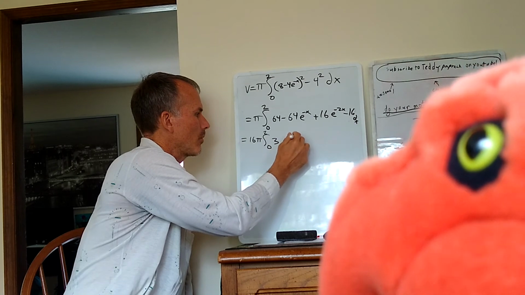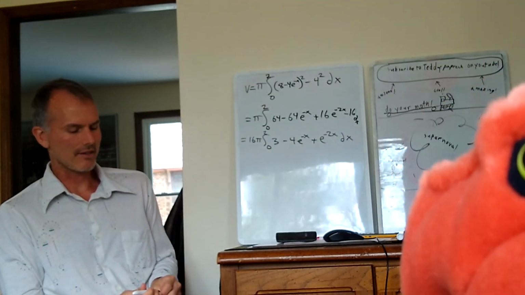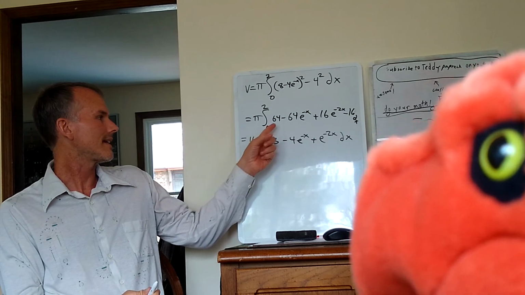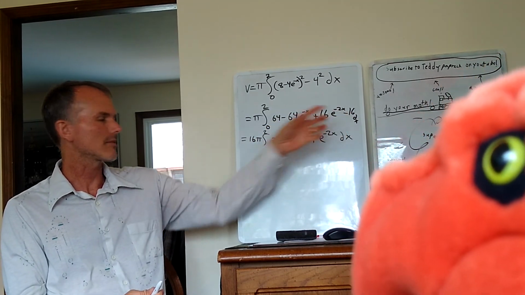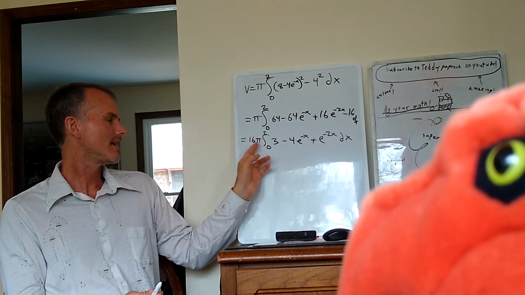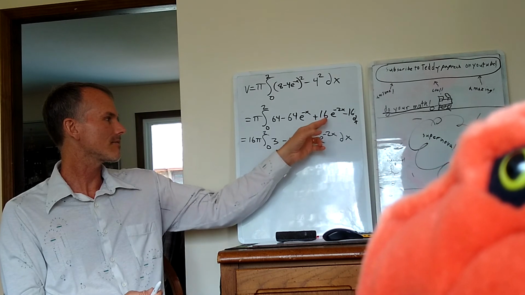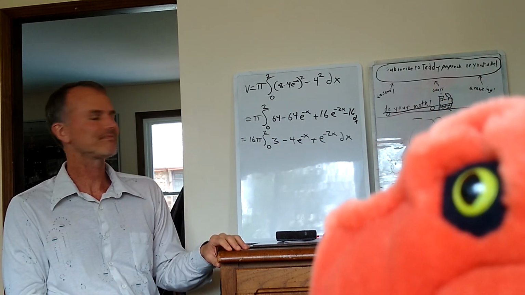Then minus 4e to the negative x plus e to the negative 2x dx. I combined those two like terms to make 48, then factored a 16 out of that, which made it become a 3, and I also factored a 16 out of each of the other terms.